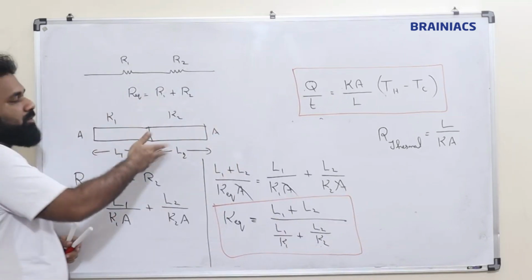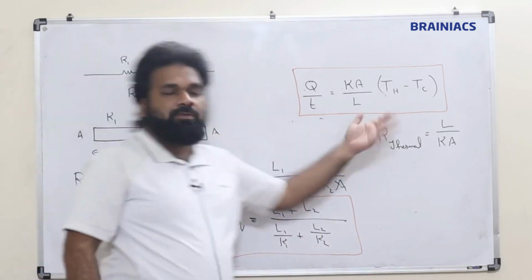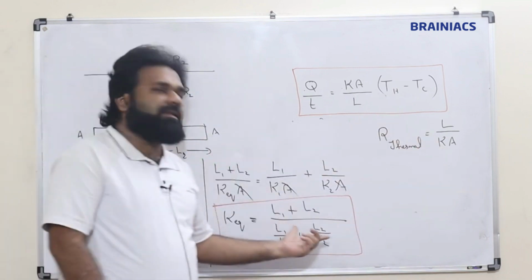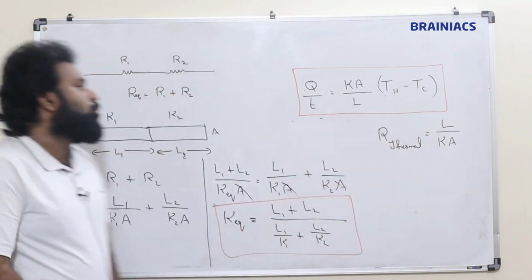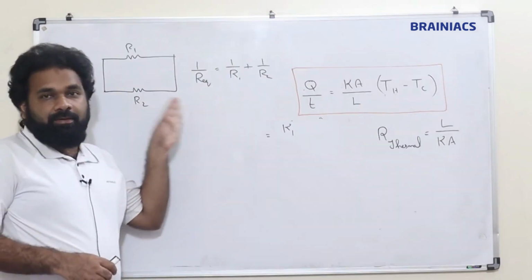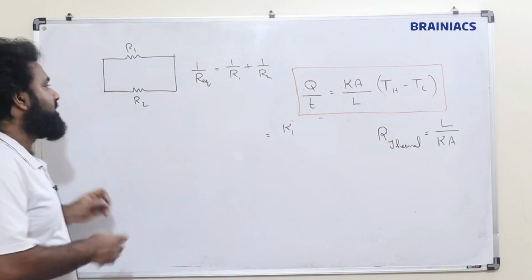So even resistance can be asked directly. Certain previous year questions are much easier than this; directly we will be able to tell. If the resistances are connected in parallel, we know how to take the result.